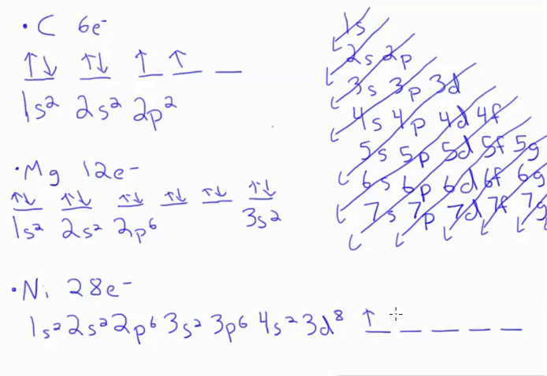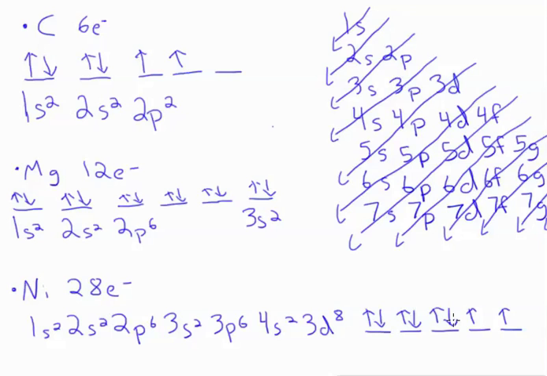Doesn't really matter if it's up or down. I just always start with the ups. So that's 5, 6, 7, 8. So you can see that nickel has 2 unpaired valence electrons and 3 pairs. And that'll be important in terms of its properties later.